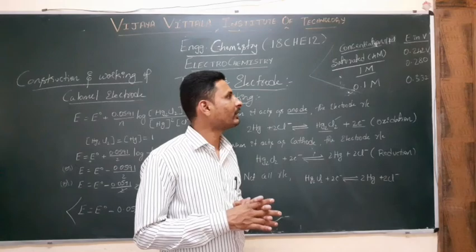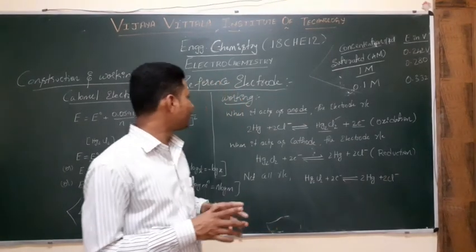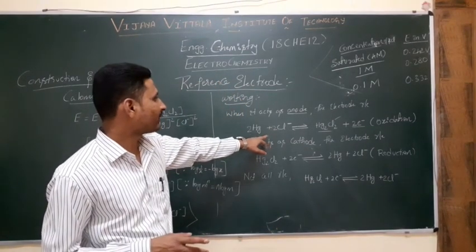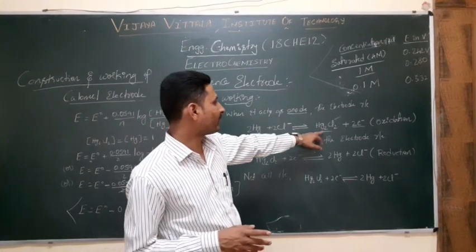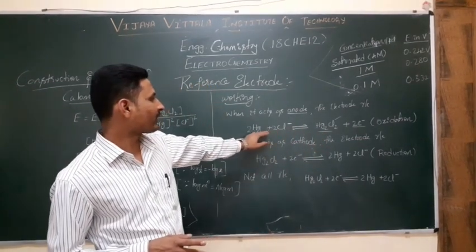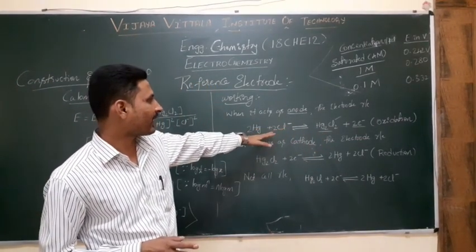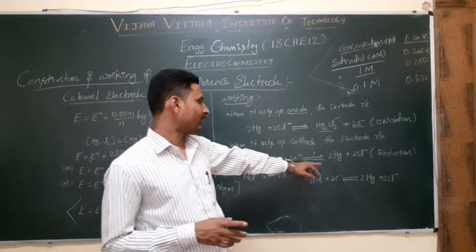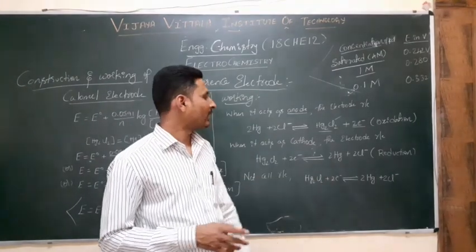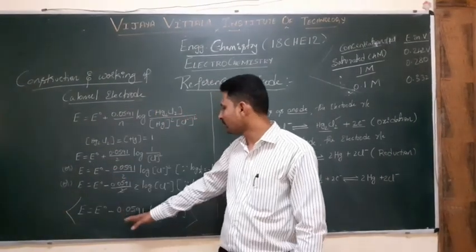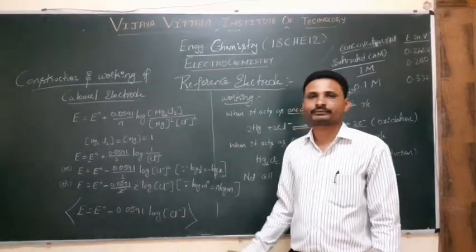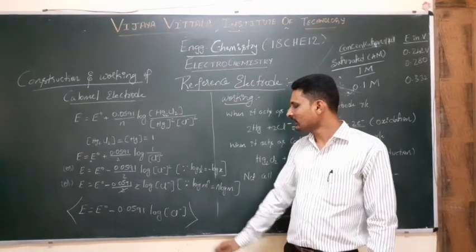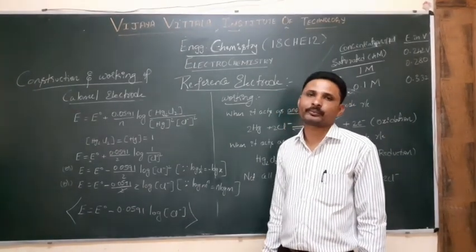This is the reaction that takes place, the oxidation or electrode reaction, if it acts as an anode. If it acts as cathode, this is the reaction. And this is the electrode potential or potential of the Calomel electrode.